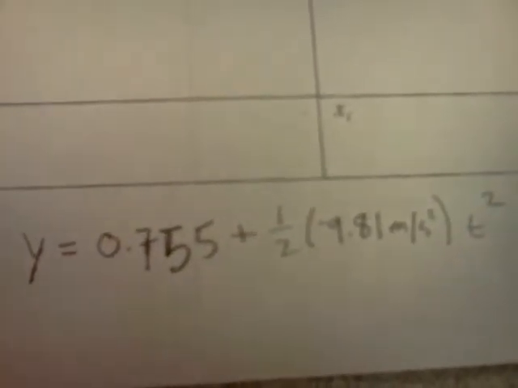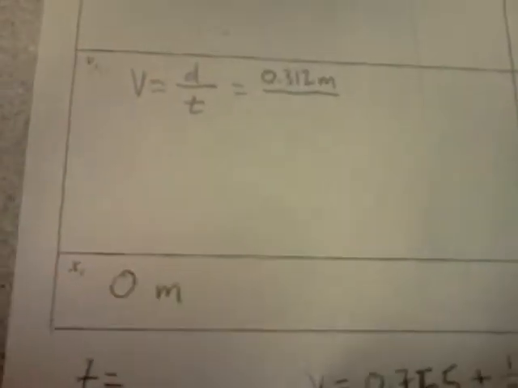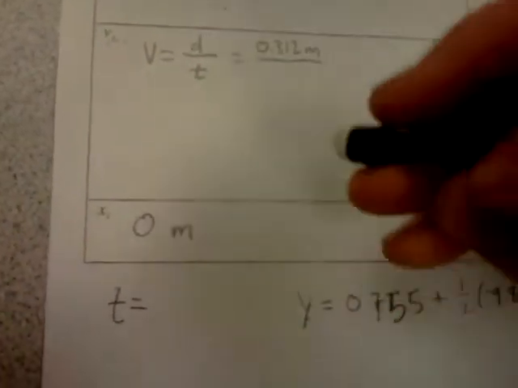And I want to know when my final position, Y, is going to be equal to 0, because that's when the object has hit the ground.